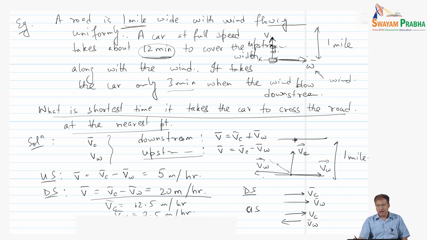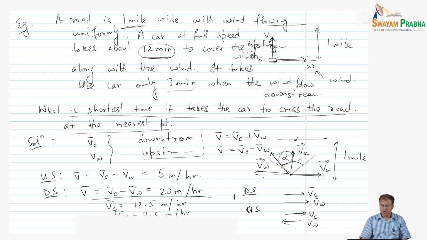But to reach a position which is perpendicular, the car must go in a direction at an angle, because the wind is going to push the car, and eventually we want to go normal to the road.